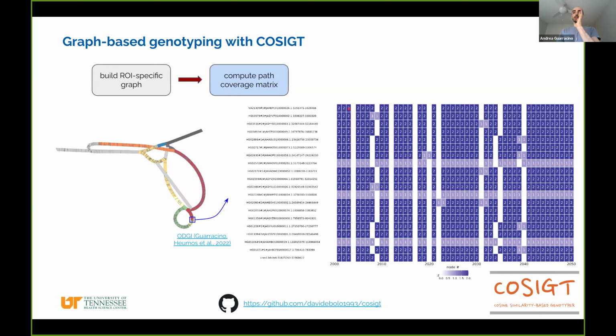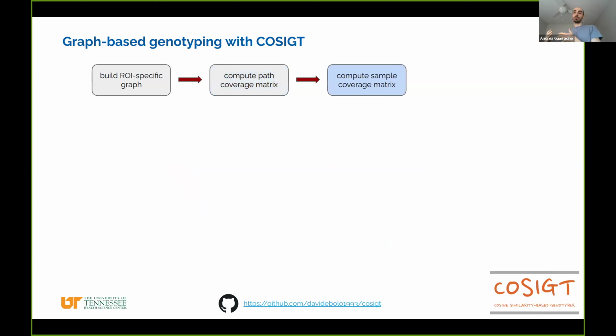Each column is a node, and each value indicates how many times this path goes through this node. You can see here this path goes twice through these nodes. When there is white, it means 0 times. So we build a specific graph, and we build a path coverage matrix of this graph. And now we have to build the sample coverage matrix.